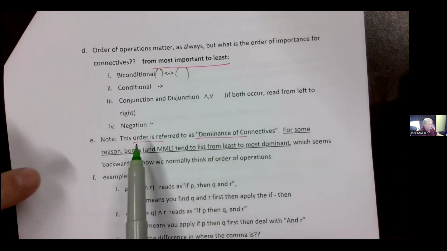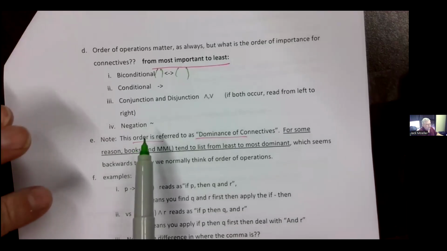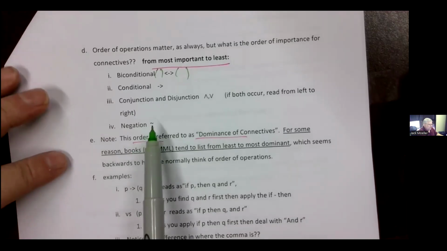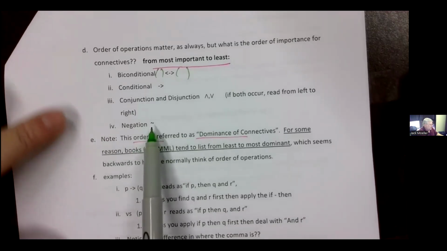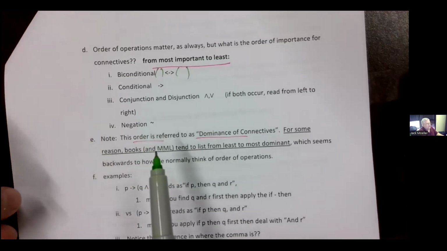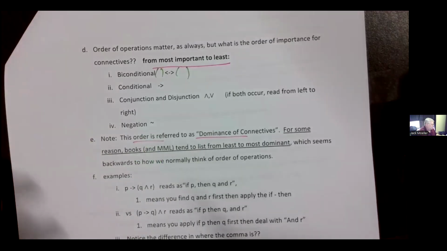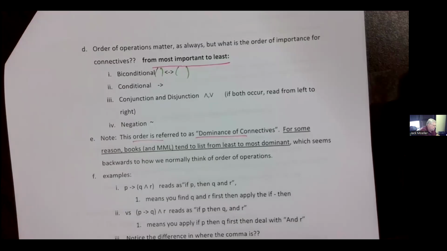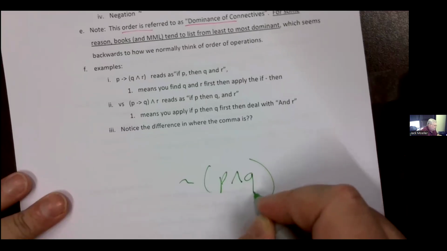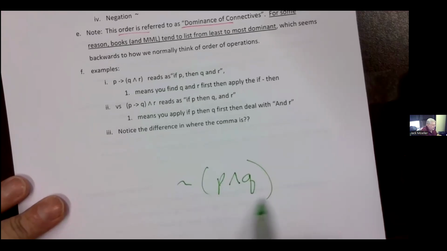All right. And then the lowest priority, the lowest dominance, is the negation. A large part of that is because negation is not a connective. It's not connecting two statements. Negation acts on a single statement. Unless you put parentheses outside the negation, like this, you are negating both of them, but that's because you have to do inside parentheses first.